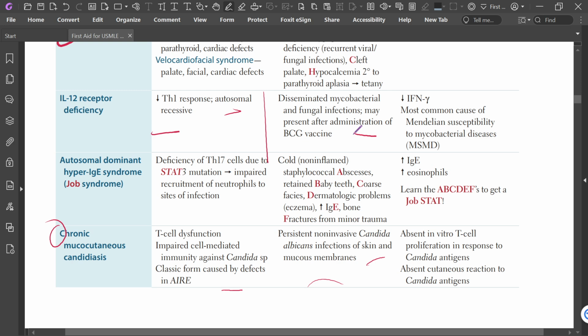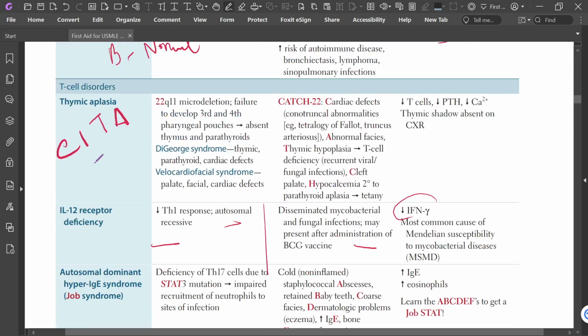There is decreased interferon gamma, and it is the most common cause of Mendelian susceptibility to mycobacterial disease.